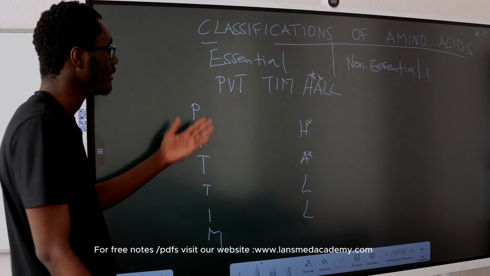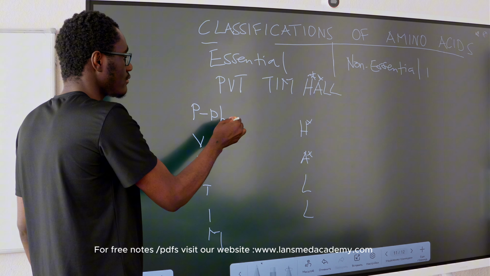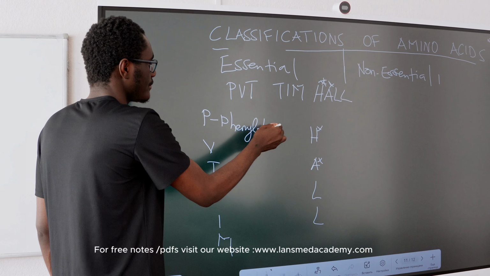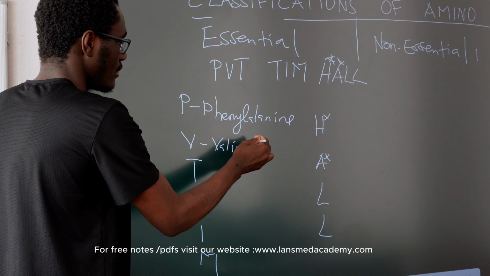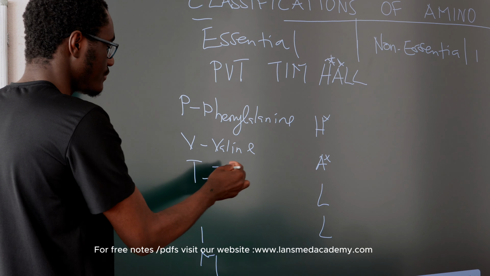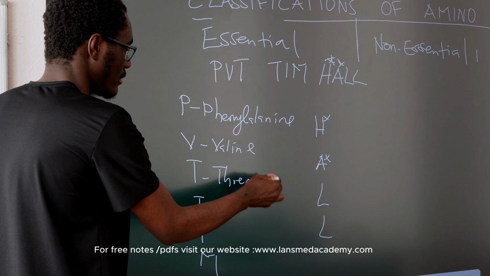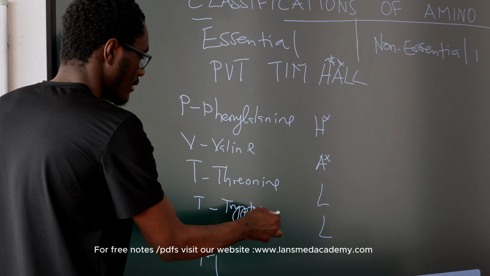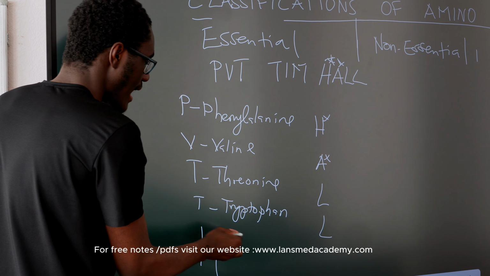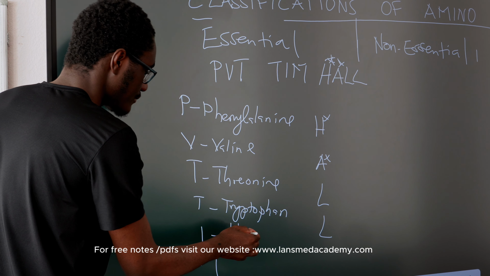The P represents phenylalanine. The V is valine. The T is threonine. The other T is tryptophan. I is isoleucine.